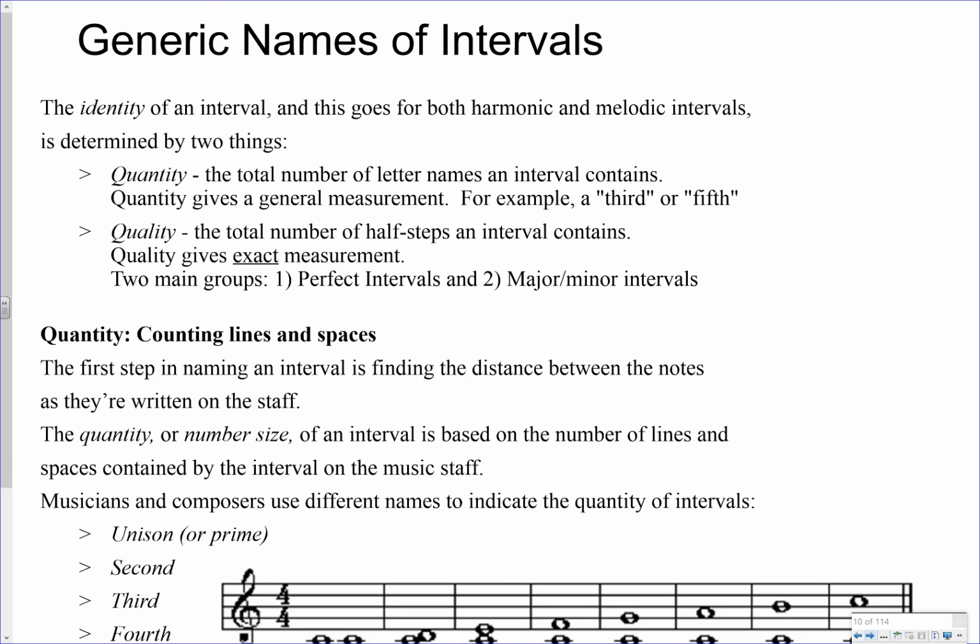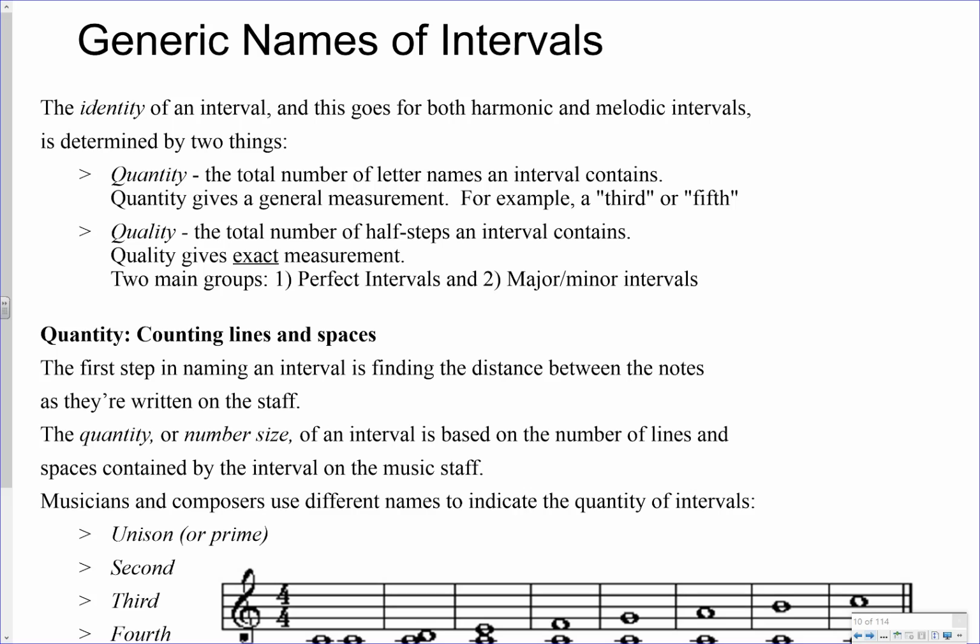So we're going to talk about generic names of intervals. The identity of an interval, and this goes for both harmonic and melodic intervals, is determined by two things: the quantity and the quality. The quantity means the total number of letter names an interval contains.